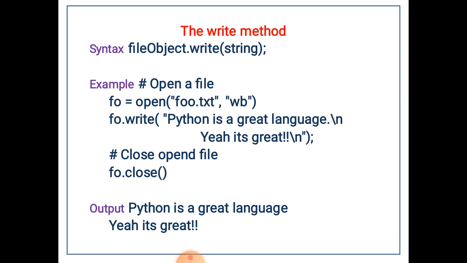So there you see the \n. \n is writing in a new line. After that the file has been closed, fo.close. Now the text, Python is a great language. Yeah, it's great, has been written in the file that has been opened. The file name is foo.txt.